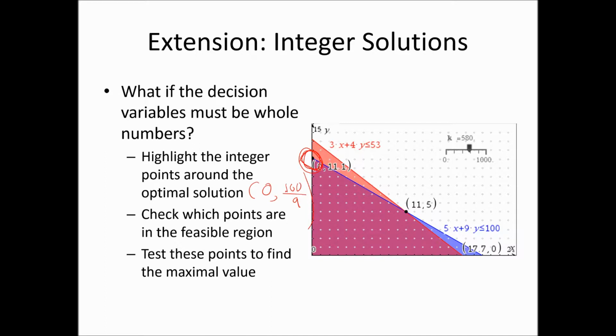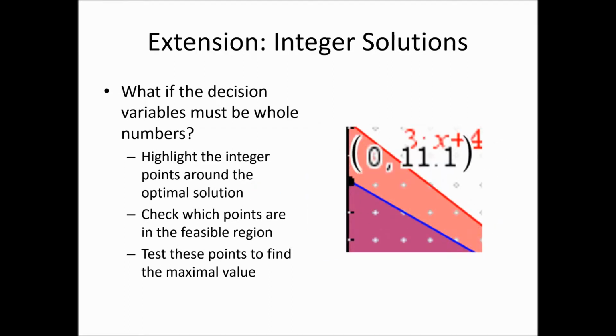Or 11.1 tables. So, the optimal point is 0, 11.1, but that's not quite good enough. So what we have to do is we want to look at the points surrounding 11.1, comma 0. So we'll look at the point below, maybe the point over, above it.